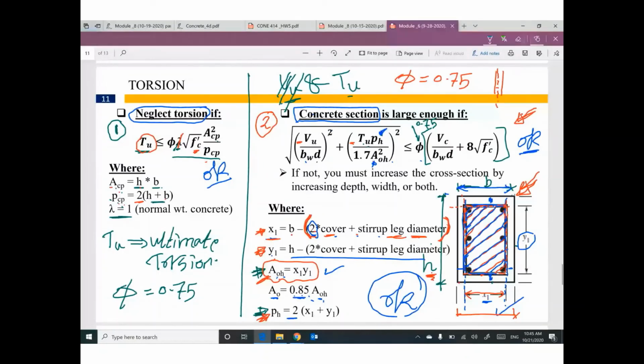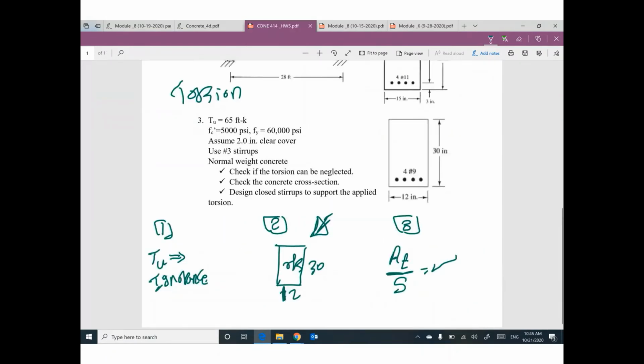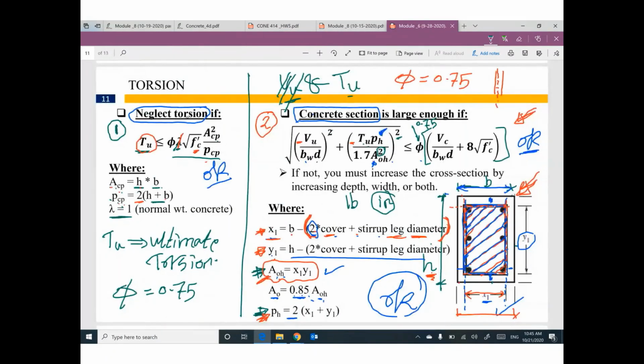Some of you forget this square. So please make sure you put everything in this equation in pound and inch. Everything. I believe in this problem, we don't have shear. So this term will be cancelled.